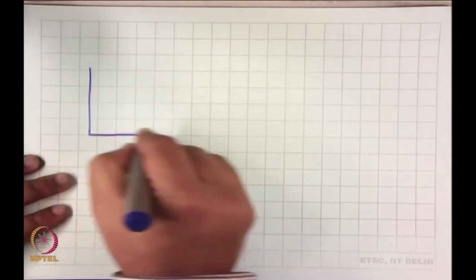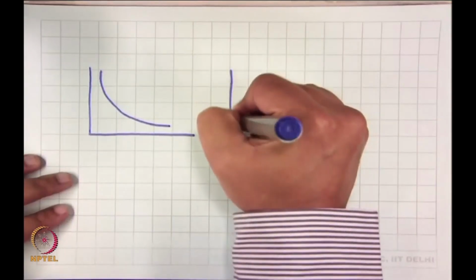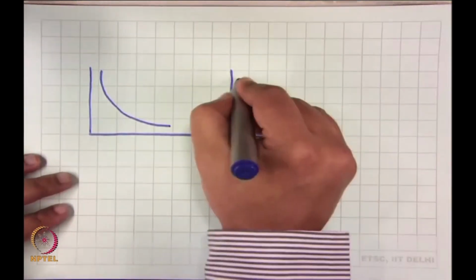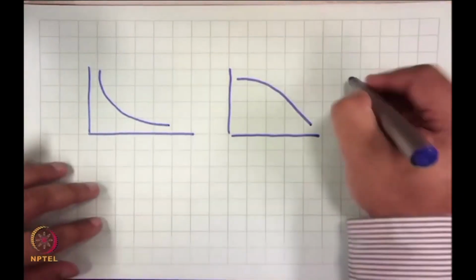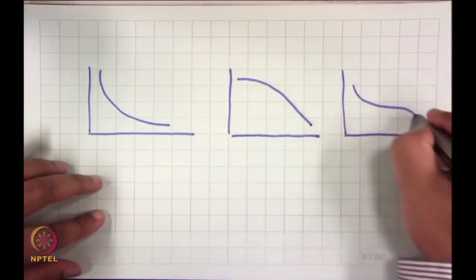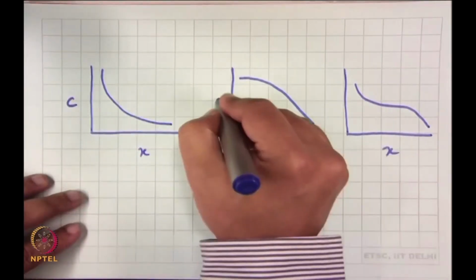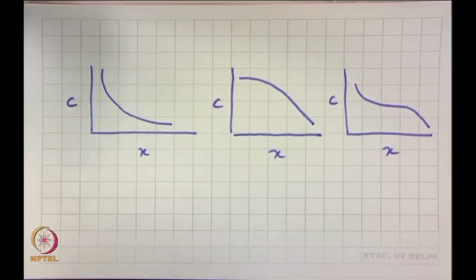So, let us look at this one, then I will look at another one, and then we look at another one. This is C versus x for each. Okay. Good. Now, there are three different profiles, I would say.